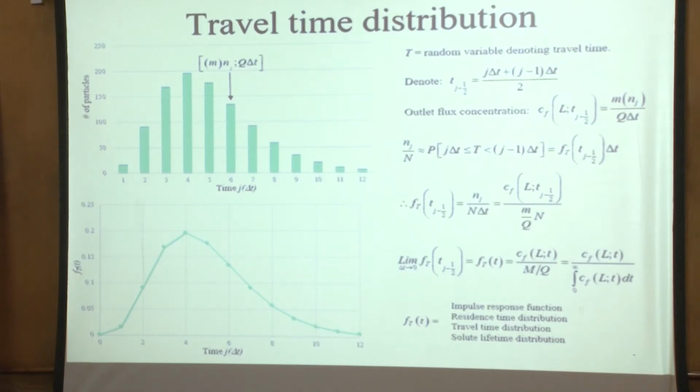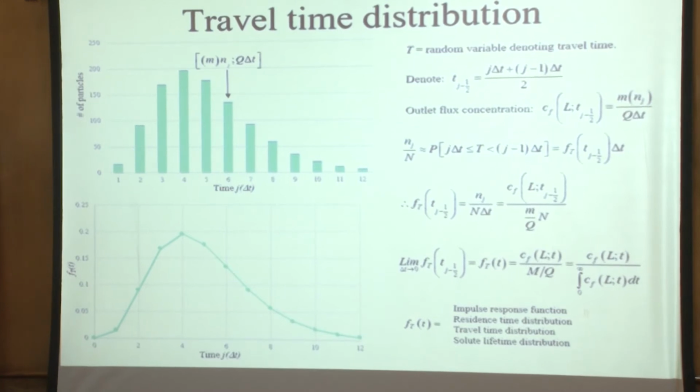So basically my flux concentration, which is a curve, I think of this as a surrogate for the travel time distribution function. And I will also denote T sub j minus half, which is essentially halfway between this interval j minus 1 delta t to j delta t. And during that time, remember we defined our flux concentration.